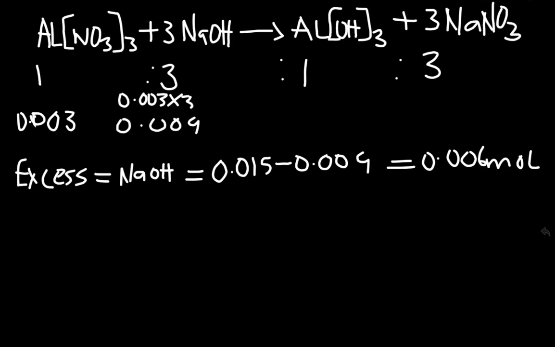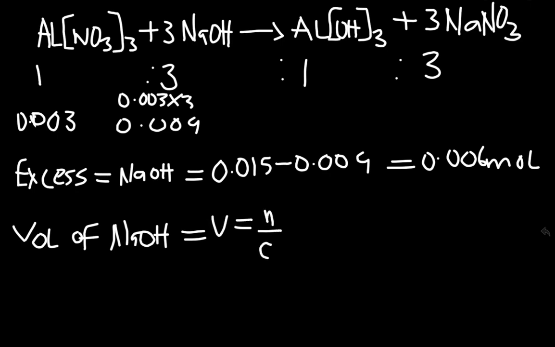Next, we'll solve for the volume of the sodium hydroxide, making use of V equals the mole over the molar conc. So the mole we'll make use of this time will be 0.006.